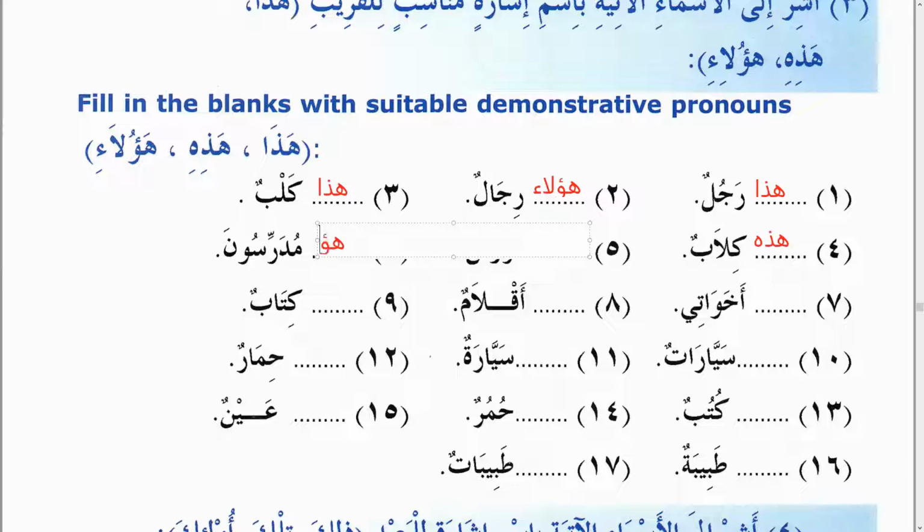See, haulai doesn't have a ka, okay? Many people make that mistake. It's not haulai ka, it's haulai. Even my students in school say haulai ka. So, akhawati. What is akhawati? Sisters, my sisters. Haulai akhawati. Aqlamun, pens.